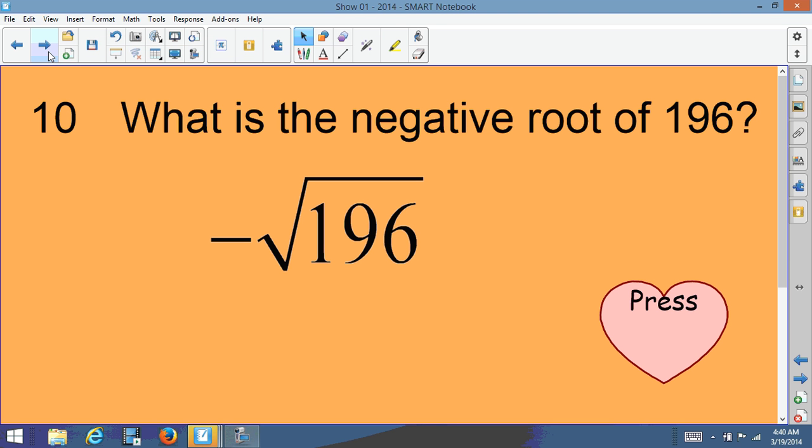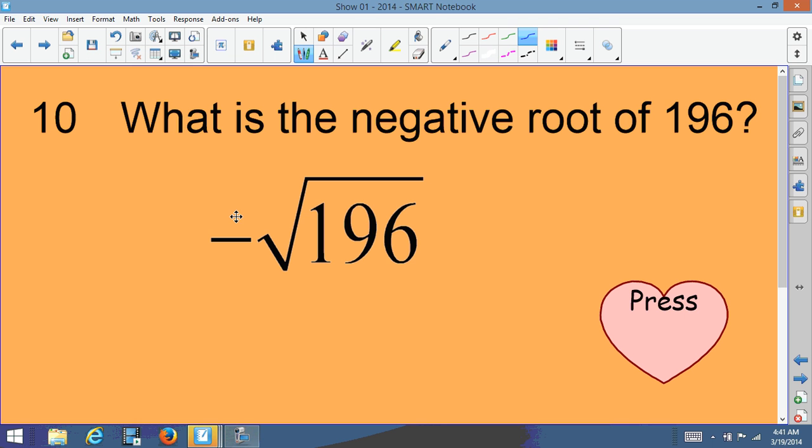What is the negative root of 196? So when we're talking about negative root, we're talking about a number that will be a square root of 196. So here we have 196, and we want the negative answer. So we have to figure out what times what is 196.